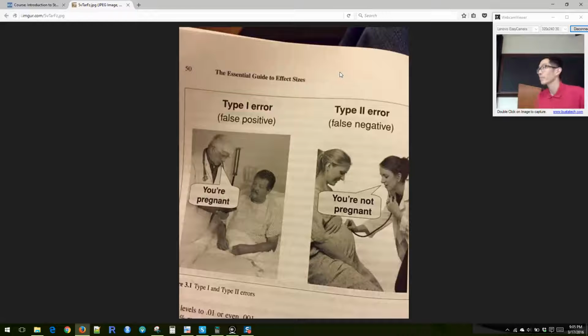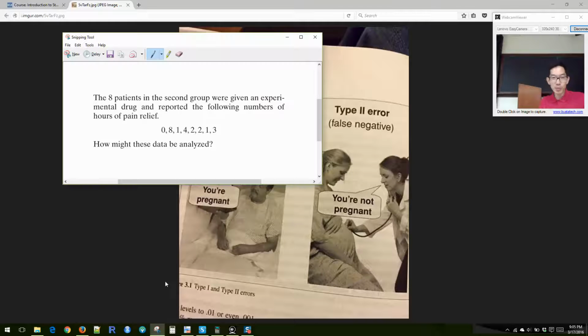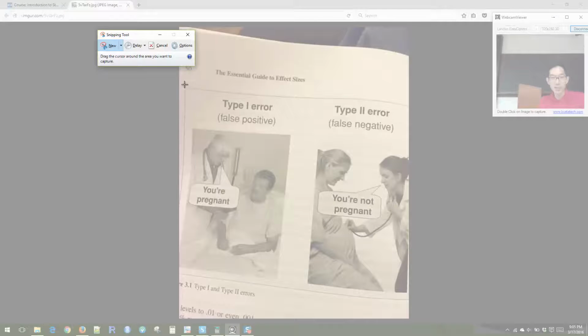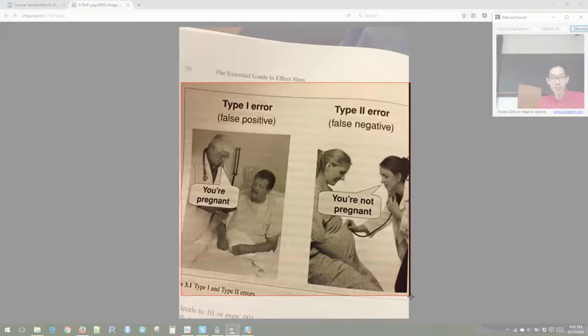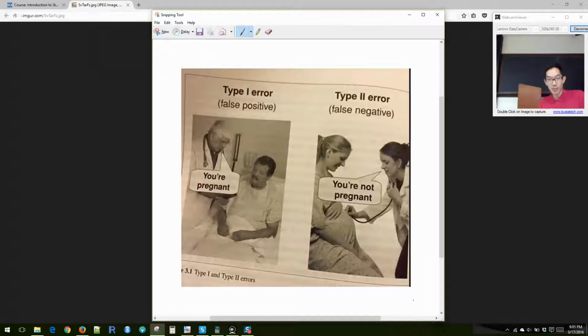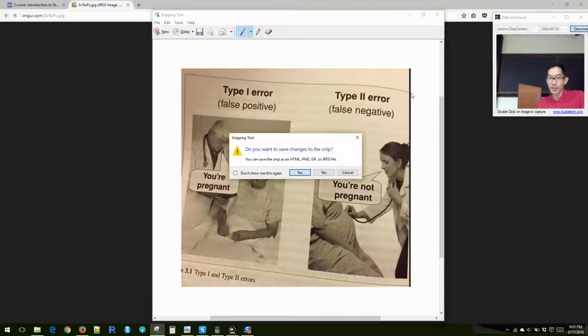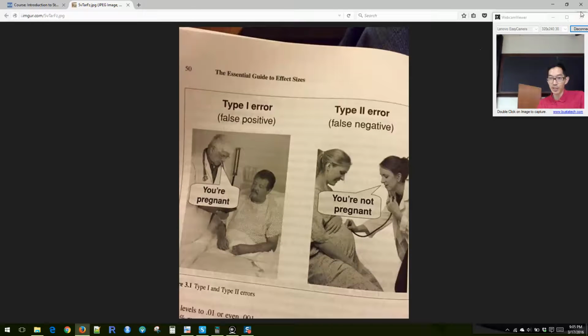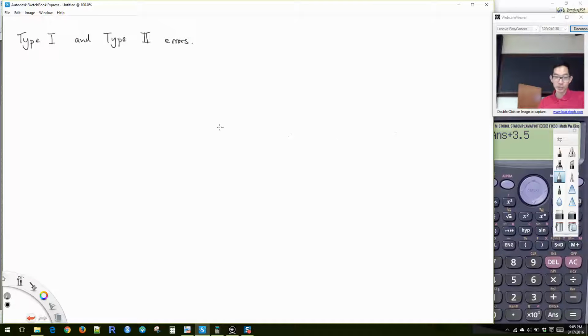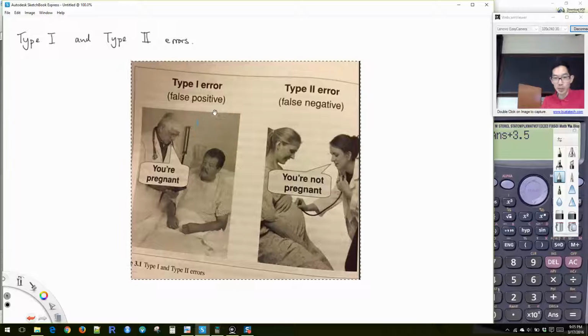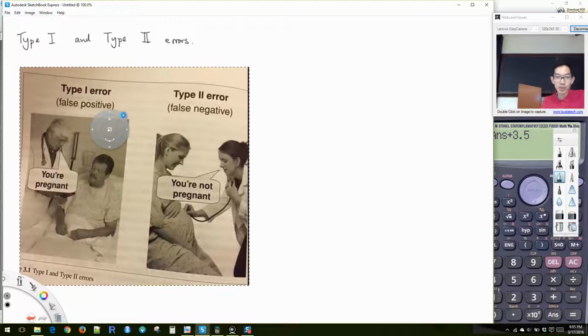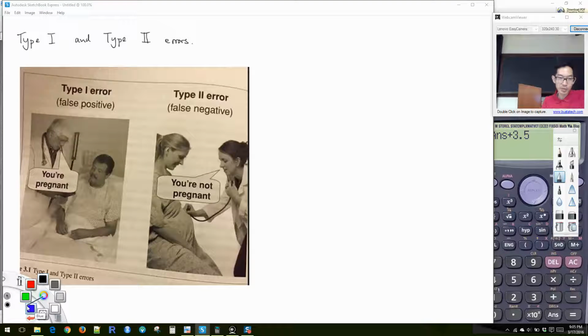If the type 1 error is telling a man that he's pregnant, and the type 2 error is telling a pregnant woman that she's not pregnant, what are the null and alternative hypotheses?